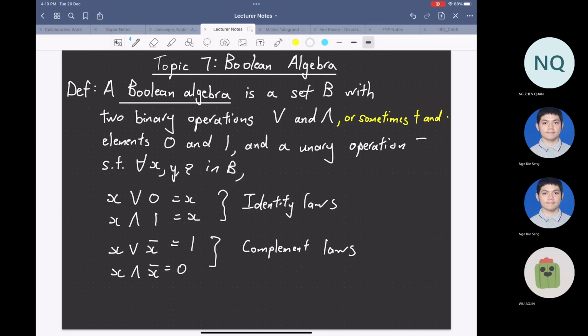And then the next is associativity. There is associativity on the cap and also the cup.